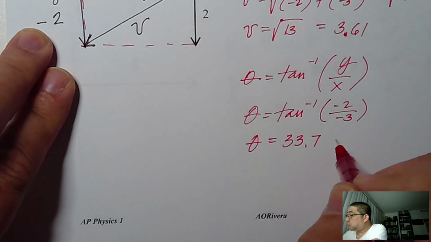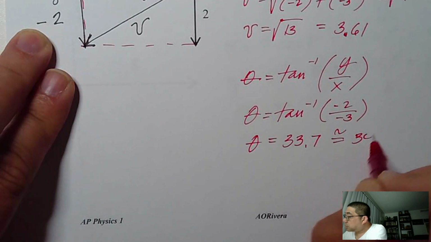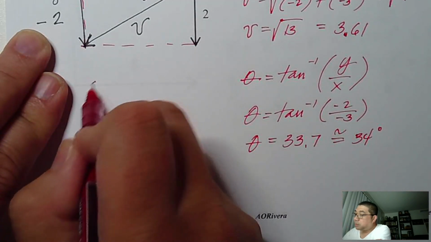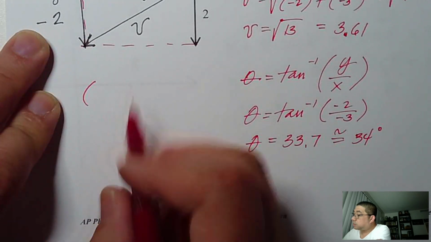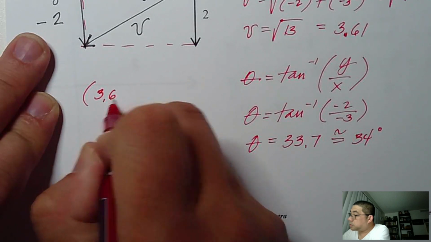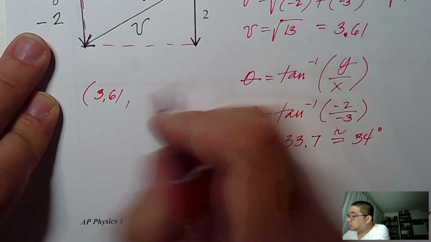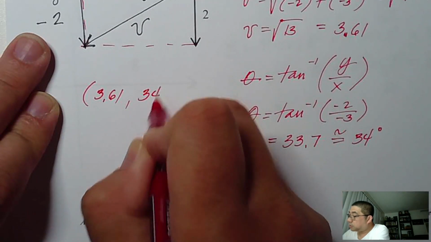So we can say approximately this is 34 degrees. So therefore, we have our vector with a magnitude of 3.61 and a direction of 34 degrees.